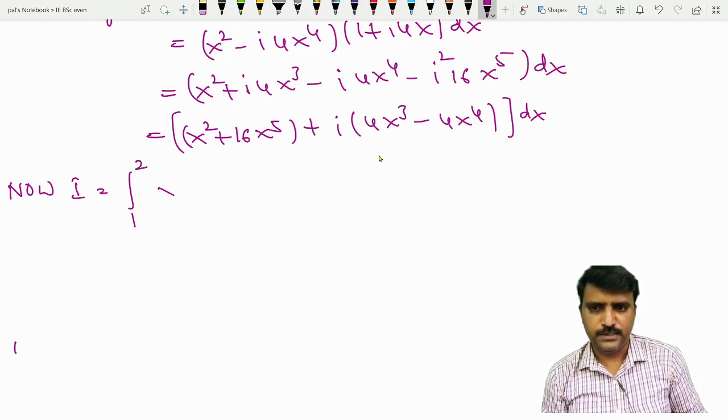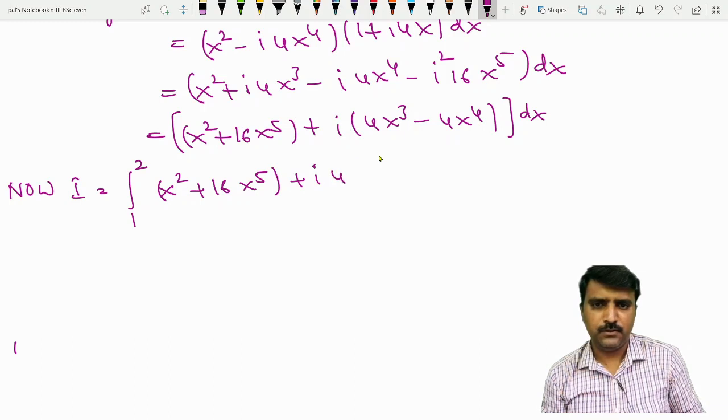Limit from 1 to 2, it is x square plus 16x to the power 5 plus I into 4, I take 4 as a common factor, this is x cube minus x to the power 4 into dx.